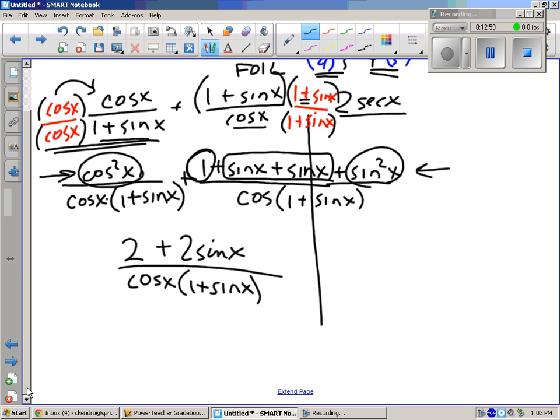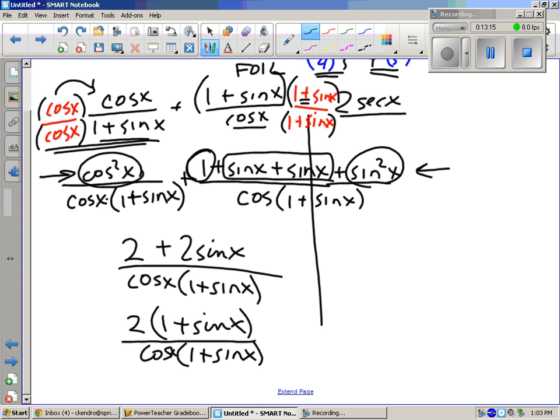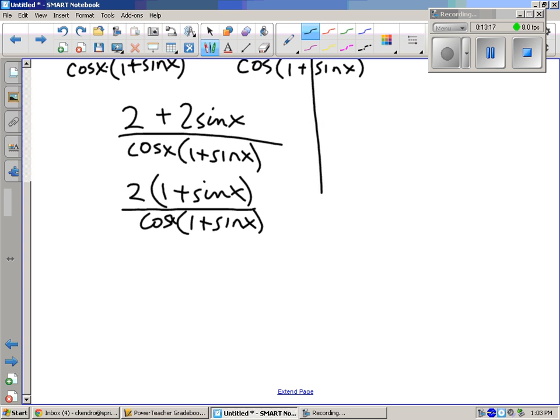Okay, they both have a 2, then we can factor the 2 out, so I get (1 plus sine x) when I take both of the 2's from each part, and on the bottom I still have cosine times (1 plus sine x). Now, can you see why I didn't want you to distribute? Because right now, this is multiplication. I can cancel that with that, and I'm left with 2 over cosine.